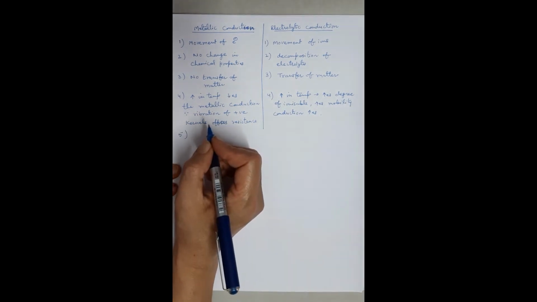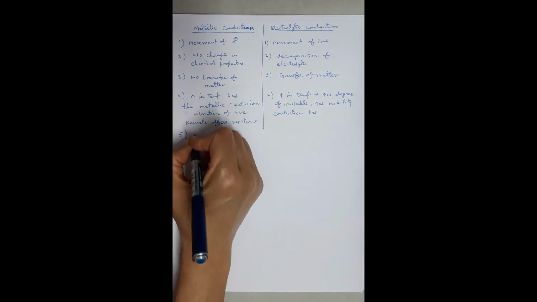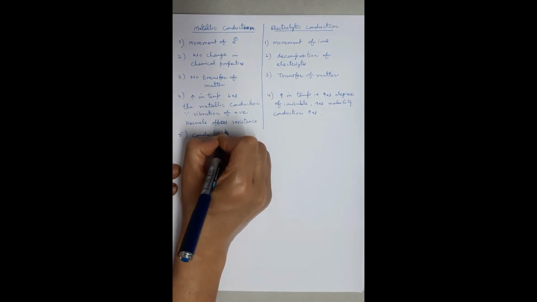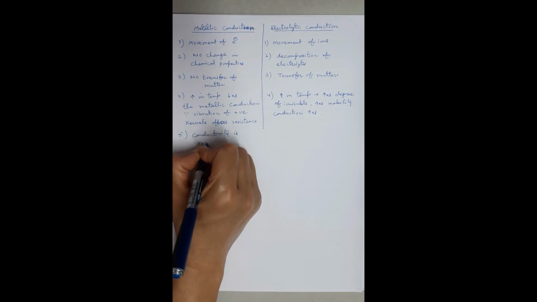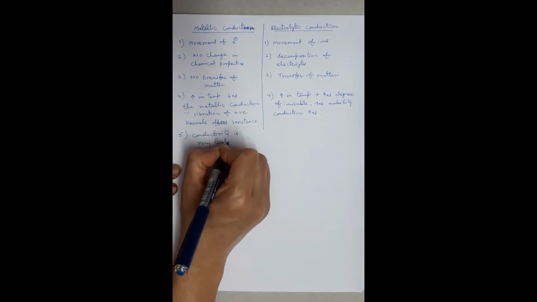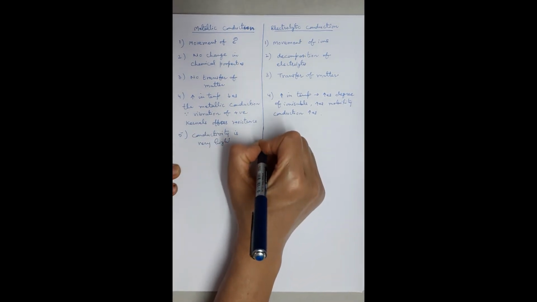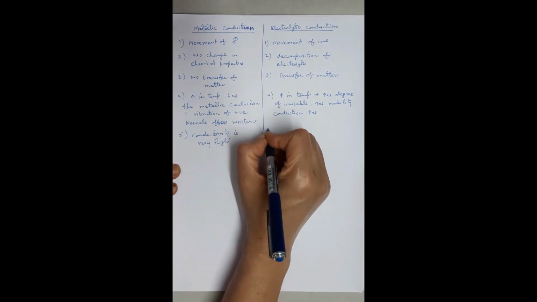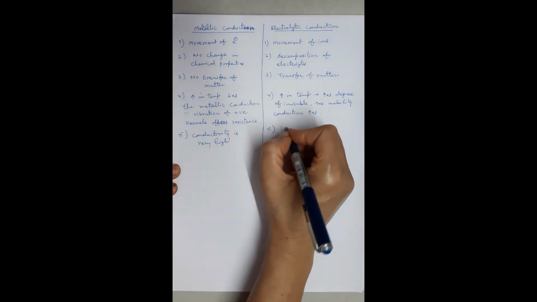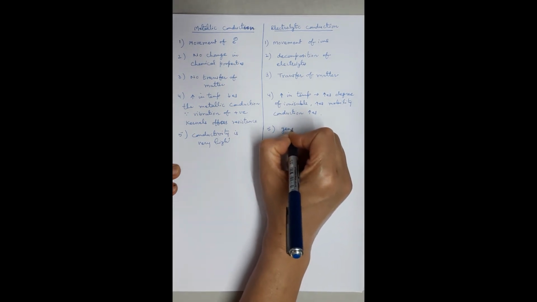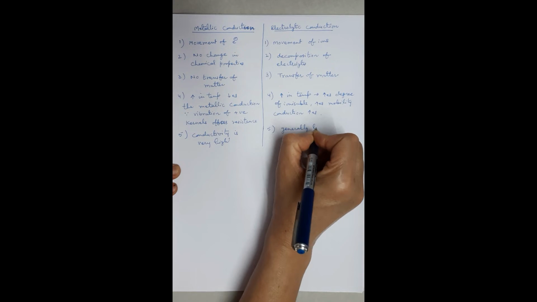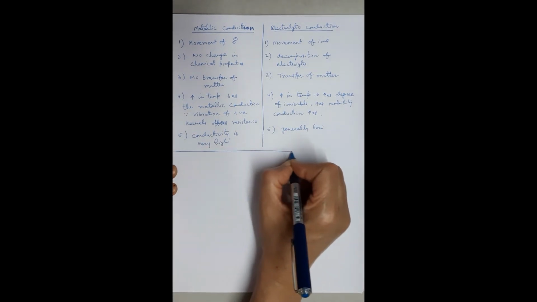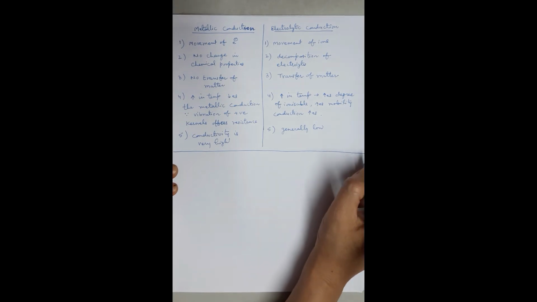In metallic conduction, the conductivity is generally high. You have seen in case of copper wires and aluminium wires and in all metals, conductivity is very high, whereas in this case it is generally low. These are some of the differences between metallic and electrolytic conductivity.